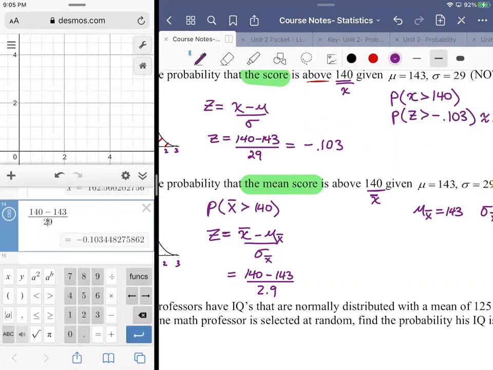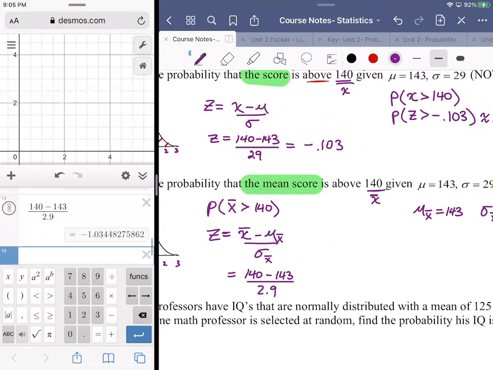So slight adjustment here. It's 140 minus 143 over 2.9, which gives a z-score of negative 1.0345. All right, so that's our cutoff.